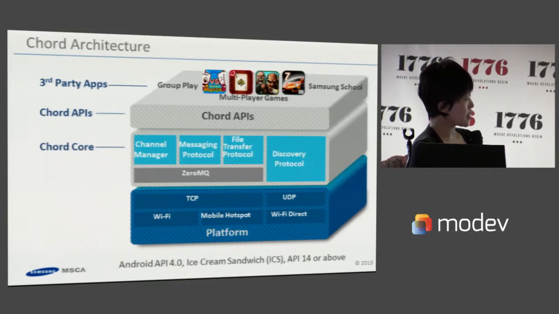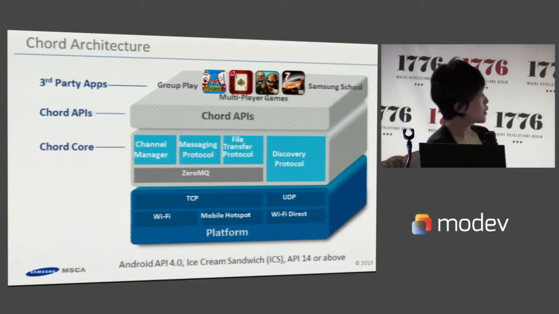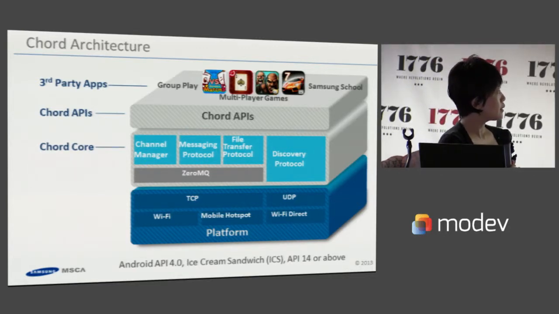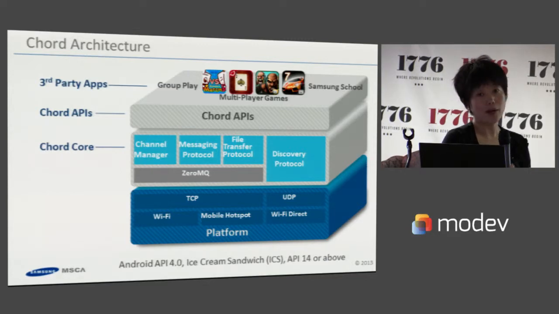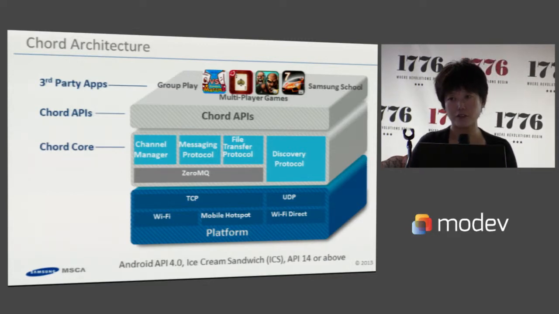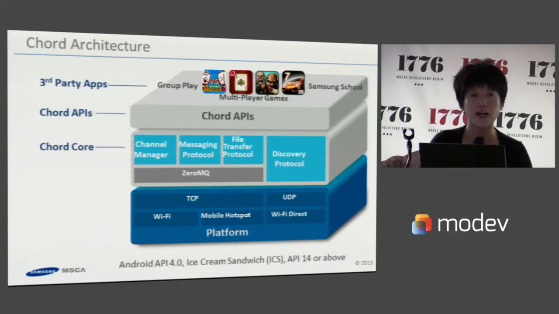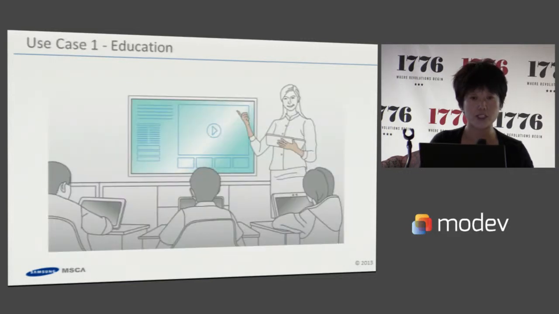The messaging protocol is designed for message transfer between devices, and we use FTP for file transfer. On top of that, we provide third-party APIs for developers. Chord is currently supported by Android 4.0 and later versions. So if you develop using ICS API 14, the app can be supported.